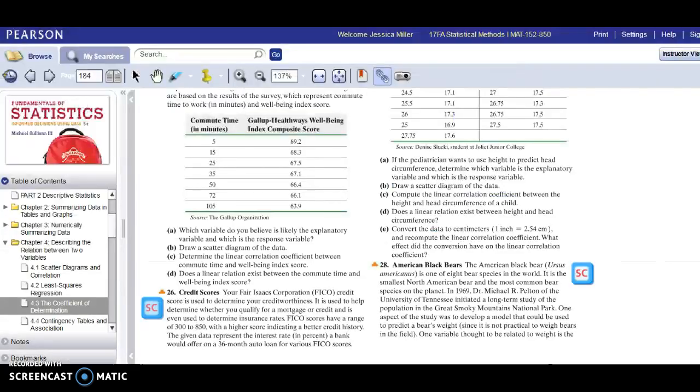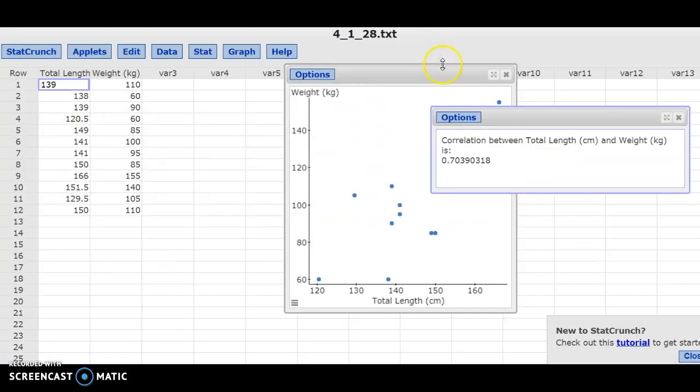Then our book also asks us to assess if a linear relationship exists. And what they're really wanting you to do is compare the correlation coefficient to the critical value table. They don't reference that here, but in your textbook they say for fewer than 30 data points, you need to decide if that R value is strong enough.